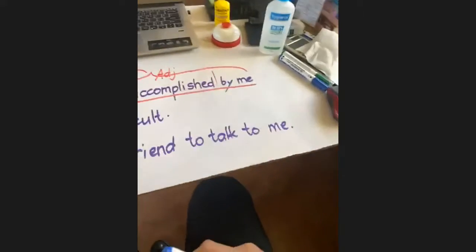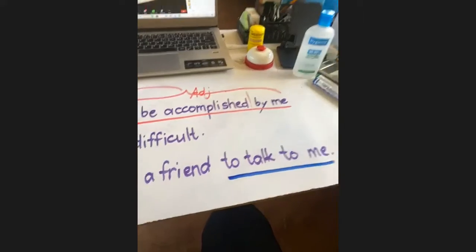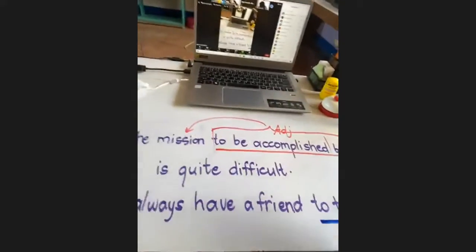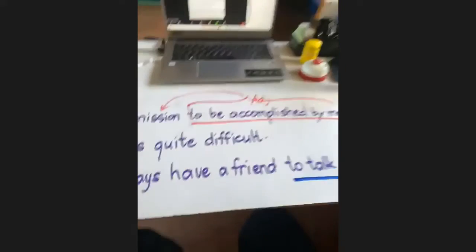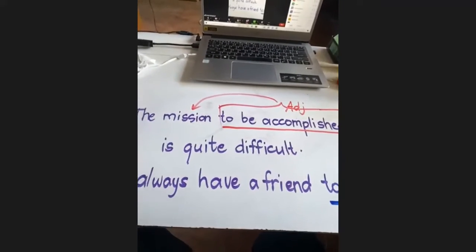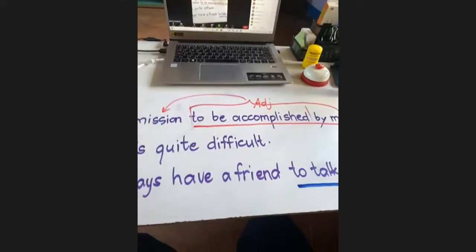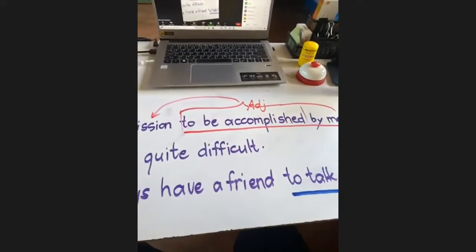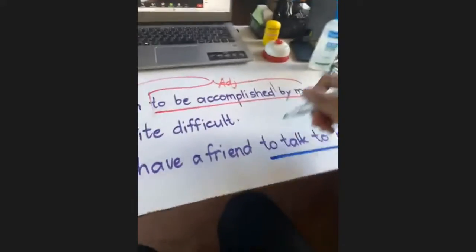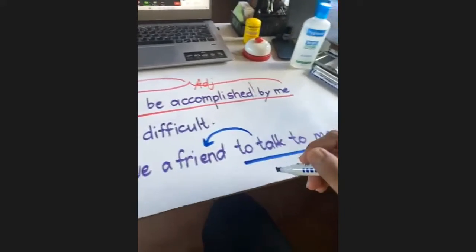In this example, you have again another infinitive phrase, and that is to talk to me. What does this do? For you to know the answer, you ask yourself, what kind of friend do I have? What kind? Take note. Therefore, that is now leading to an adjective. The answer is, I have a kind of friend who is ready to talk to me. I have that friend who is to talk to me. To talk to me is an infinitive phrase modifying friend.